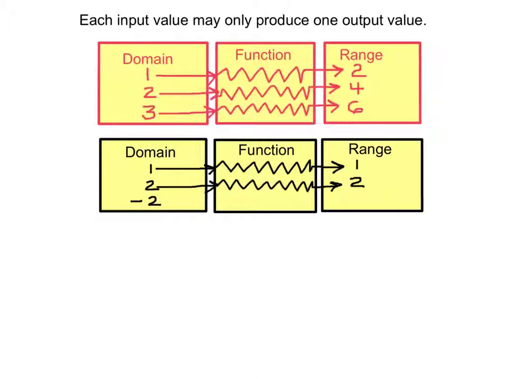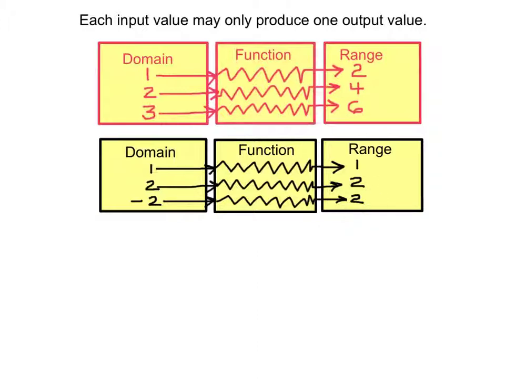Now -2 is input into the function from the domain. -2 is operated on by the function, and the result is output into the range as 2. This is a valid function. Now you may look and say, wait a minute, -2 and 2 are both pointing to 2.